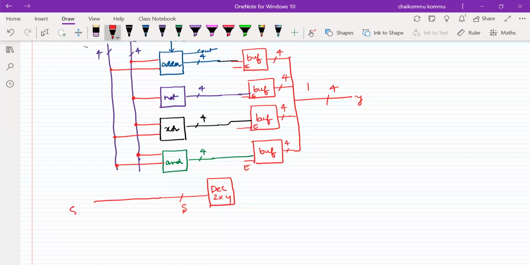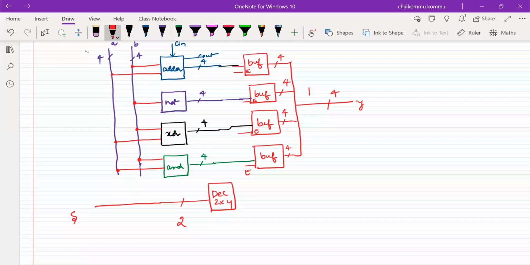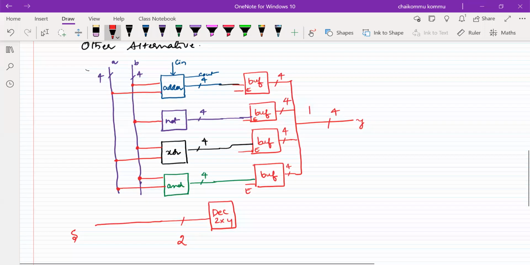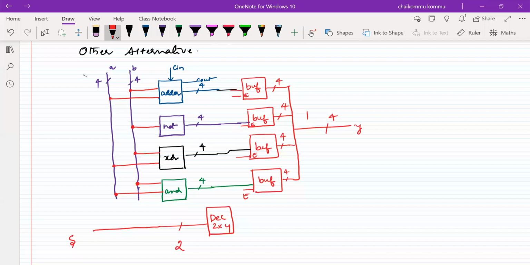This is the 2-bit size. And take an output and it will be connected to all these. This is the first output, this is the second output, this is the third output, this is the fourth output. And then all these enables are active based on the decoder output.